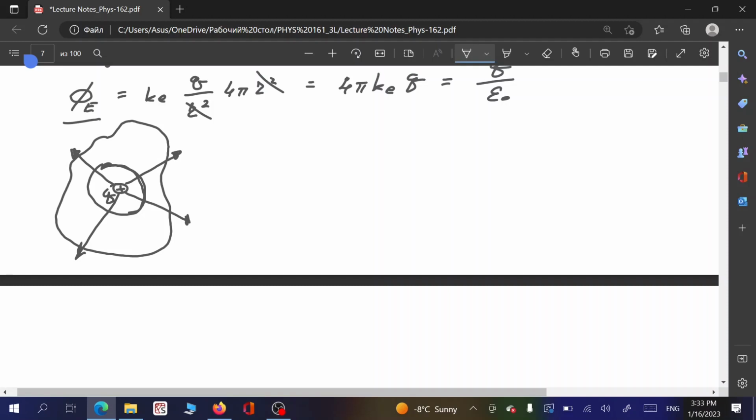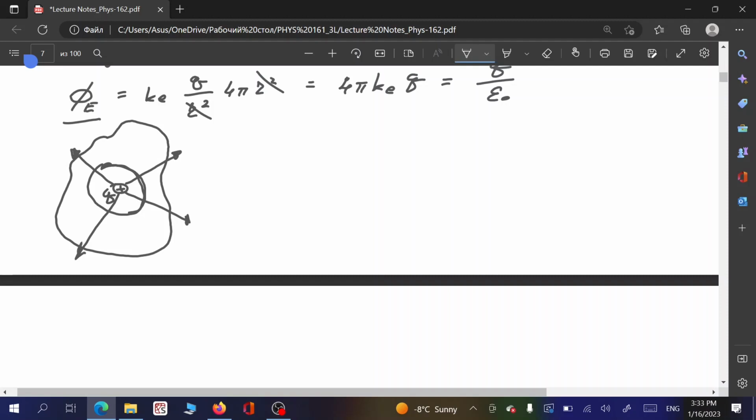At the same time, we can make the same statement for any other closed surface, regardless of its shape. It can be spherical or any arbitrary shape. We also have 4 electric field lines coming out from this closed surface.